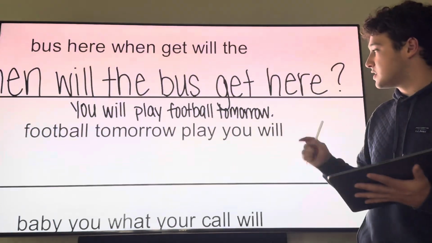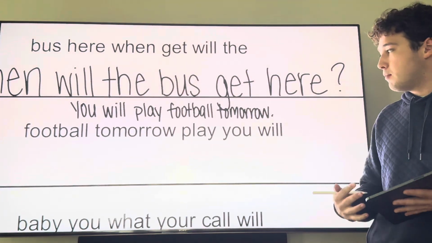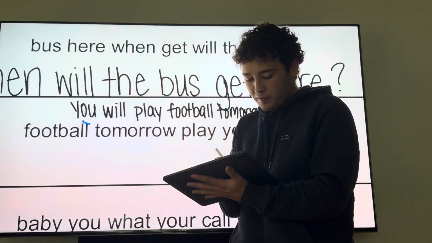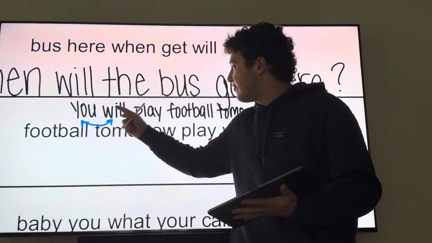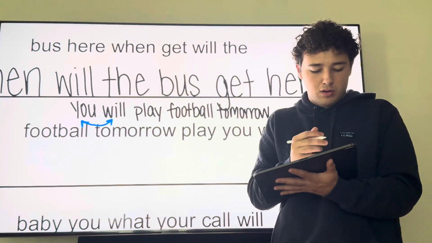This is a statement. You will play football tomorrow, period. Now make it a question. How do you make it a question? All you do is flip these two. Will you play football tomorrow?